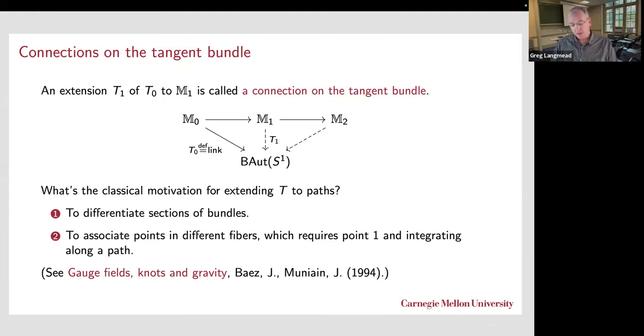And then a few pages later, well, we actually also want to be able to associate points in different fibers, which we can do now that we have a derivative of sections of bundles, because we can take a path and solve a differential equation and give us a mapping from one point to another. And then you can prove a theorem that you can do two first and derive one by differentiating that.